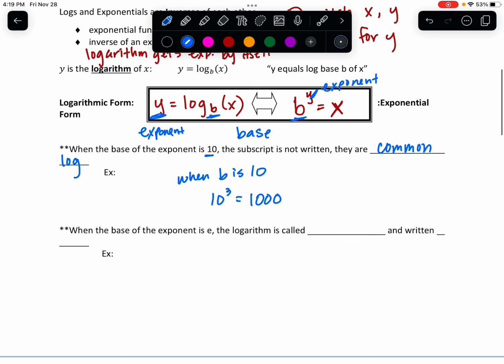Next, when the base of the exponent is e, so if I have log base e, you're more than welcome to watch the video about e, but we will talk about it when I get back. It's kind of an abstract concept, just like pi, just like other numbers that happen in nature. E happens in nature, and this logarithm is called the natural log.